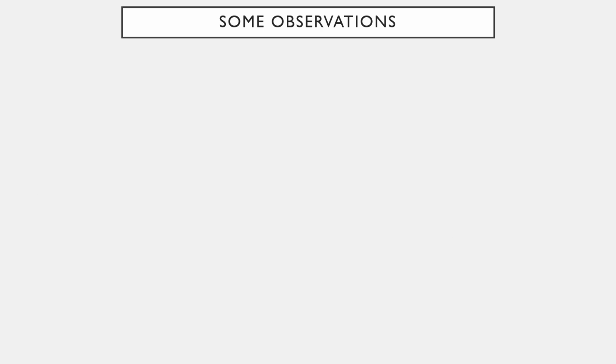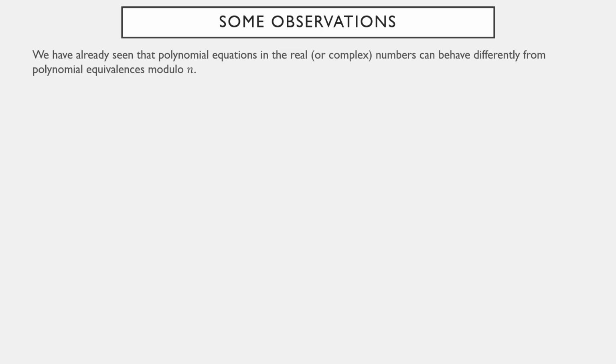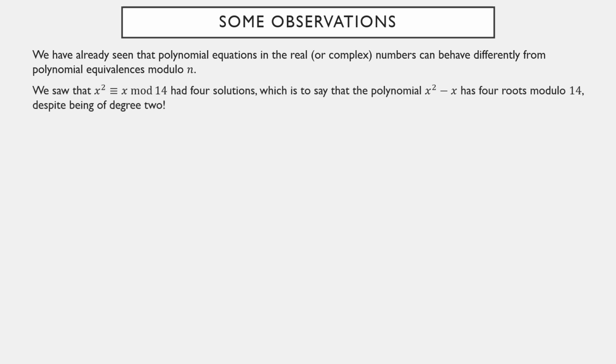Let's continue with some observations along those lines. So polynomial equations in the real or complex numbers are just going to be different from polynomial equivalences modulo n. The equivalence x squared equivalent to x mod 14 had 4 solutions. So if I subtract x from both sides, x squared minus x equivalent to 0 had 4 solutions.